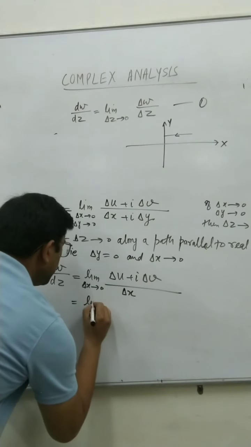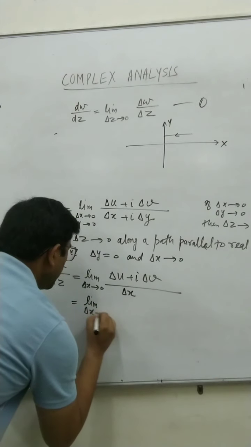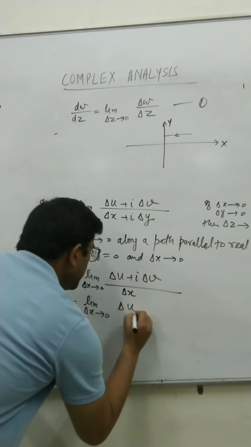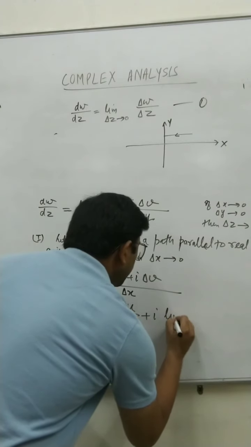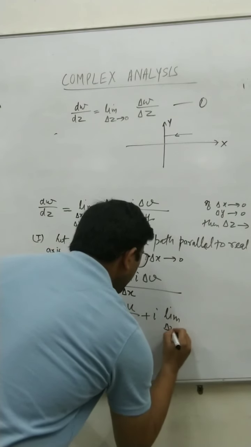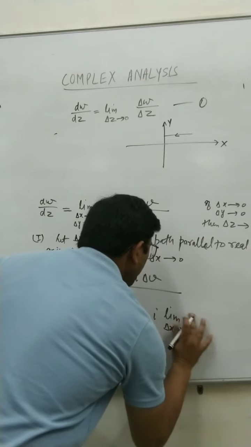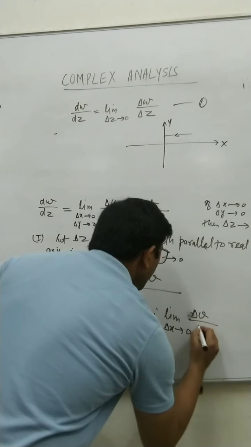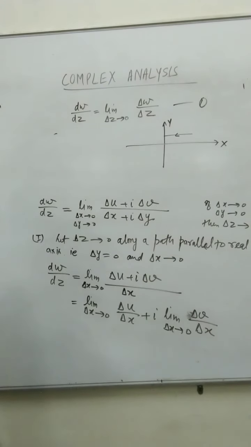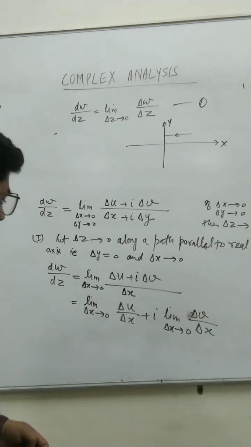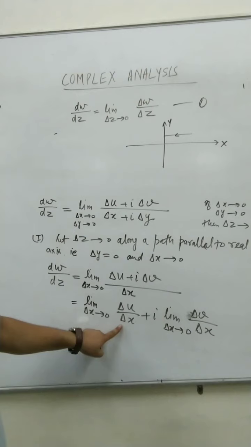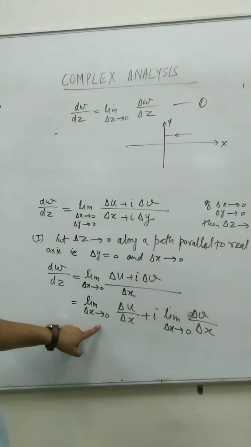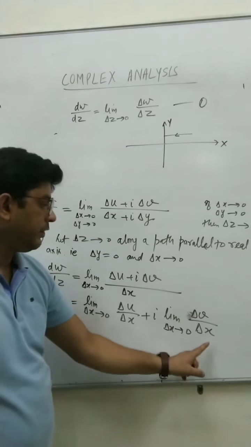Now this limit as delta x tends to 0, we can write as the limit of delta u upon delta x, plus i times the limit as delta x tends to 0 of delta v upon delta x. This is change in u upon change in x, and similarly change in v upon change in x.